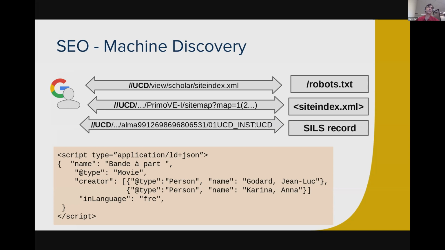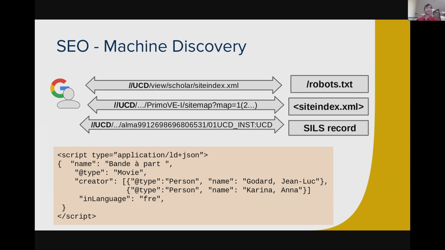And in some cases, you would get back a list of all of the items that are on that page that you want to search. But there's a limit at about 50,000. So instead, the site index is actually a list of smaller files that contain up to 50,000 records. And so then you download each one of those individual lists in order to get your complete list of URLs that you want to search.